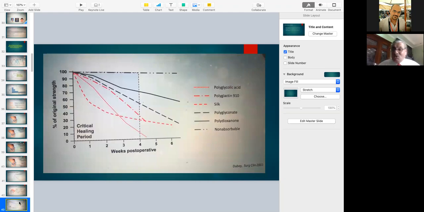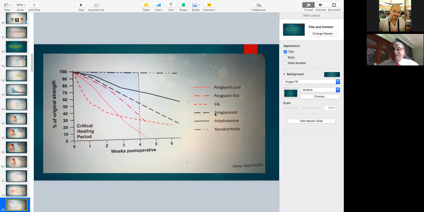What about the suture we are using in the surgery? If you look from the glycolic to the non-absorbable, these areas, the Dexon and non-absorbable, they lost their power, but after 6 weeks at least.